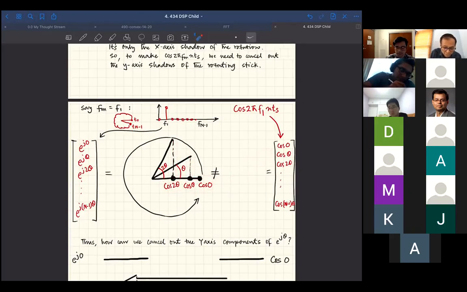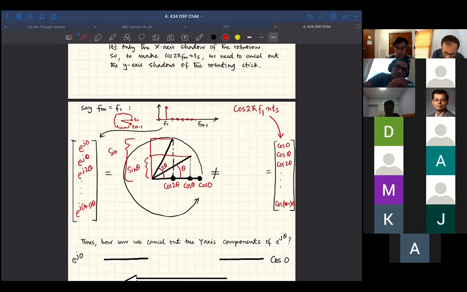But this rotation also has shadows on the y-axis. You agree? But I need to somehow eliminate those. Otherwise, I'm not going to get what I want on my right-hand side.